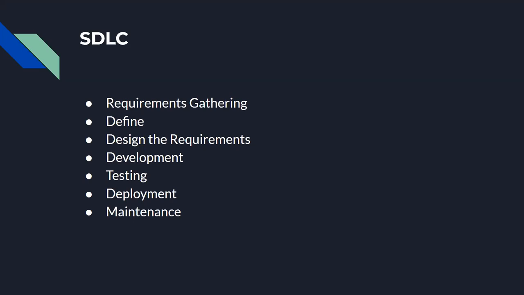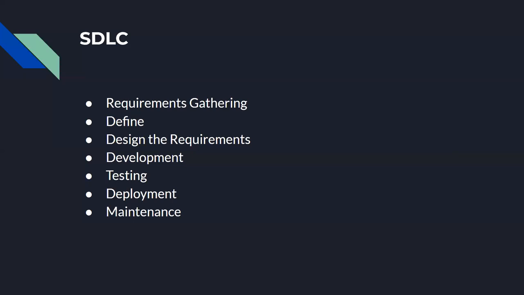Then you have to gather the requirements from me. Before that, development is not at all important. First you should understand my business and what my requirements are, and then you have to define those requirements, what you understood from me. Later you have to design the requirements. Designing is nothing but technically converting the business requirements into technical requirements.